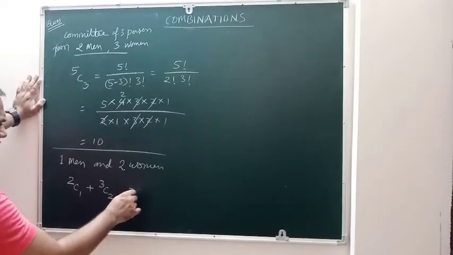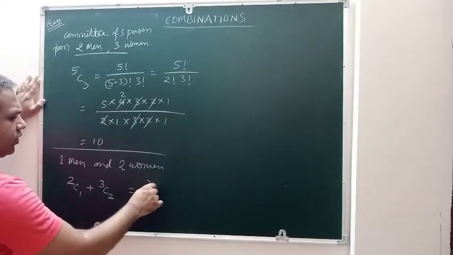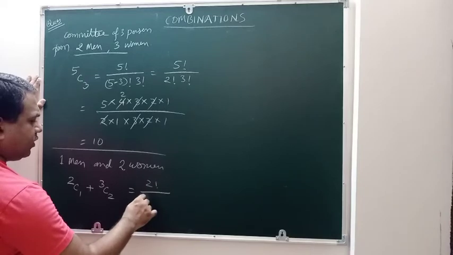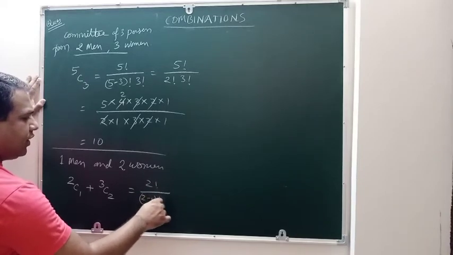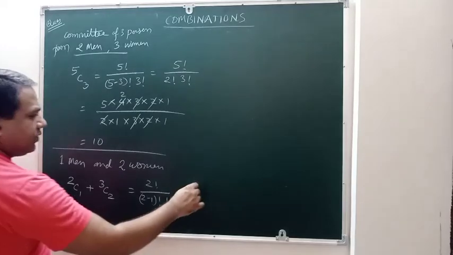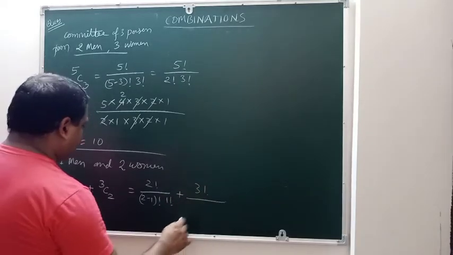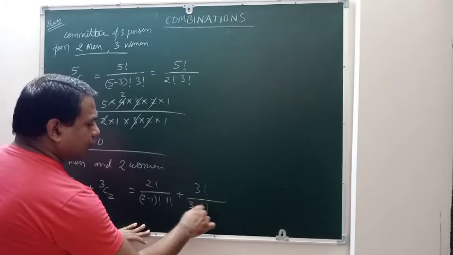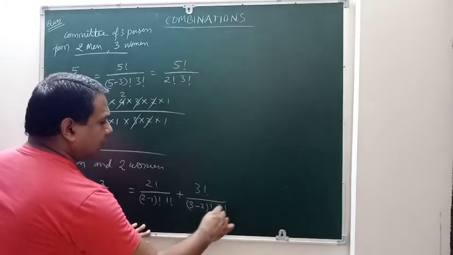So what I have is 2C1, 2 factorial divided by (2 minus 1) factorial into 1 factorial, plus 3 factorial divided by (3 minus 2) factorial into 2 factorial.